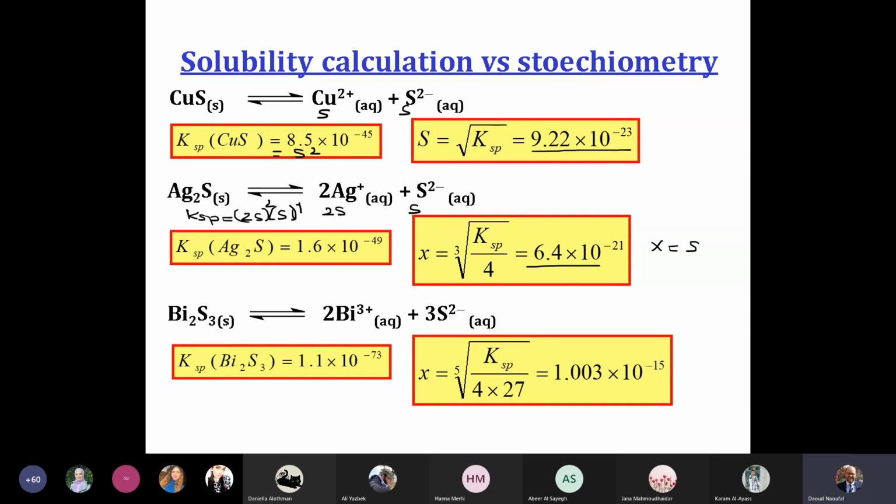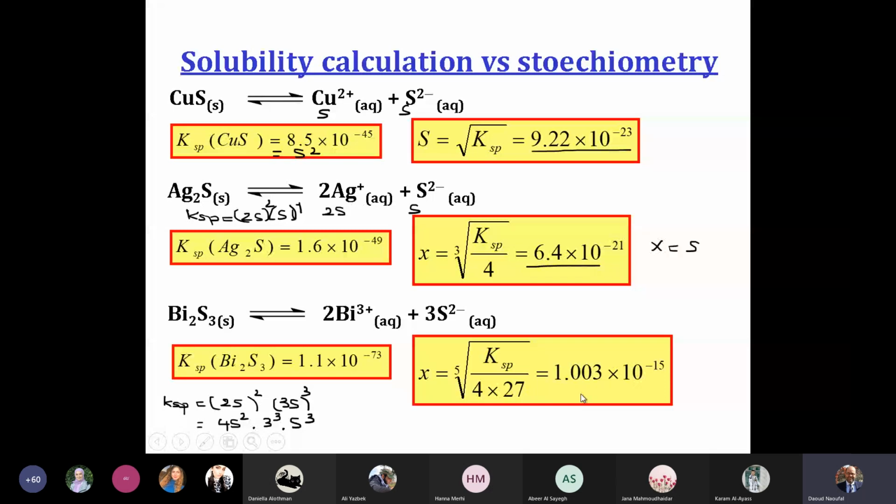And in the case of Bi2S3, X equals the fifth root of Ksp divided by 4 times 27. Why? Since Ksp equals (2S) to the power 2 times (3S) to the power 3, so it equals 4S² times 3³ times S³, so you have the ratio 27.